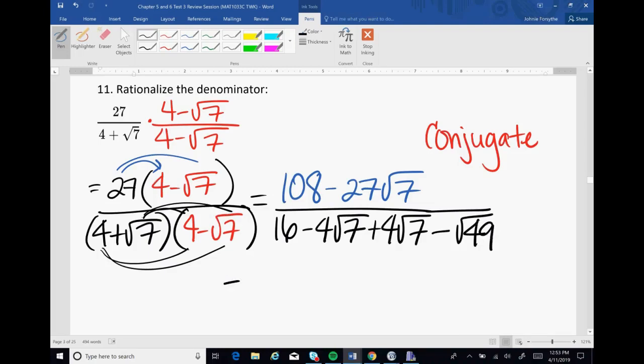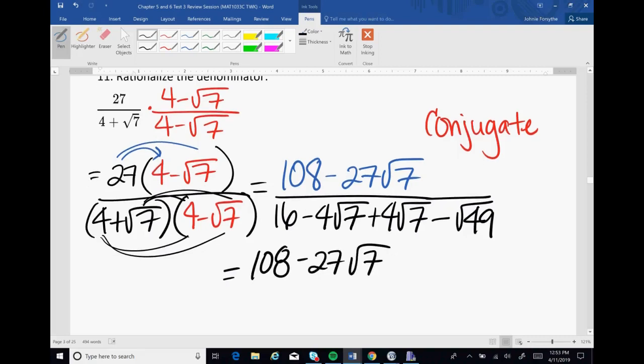Let's see if our radicals go away in the denominator, because that's the point of this. On top I have 108 minus 27 root 7. On the bottom, negative 4 root 7 plus 4 root 7 cancels out, so I'm going to have 16.